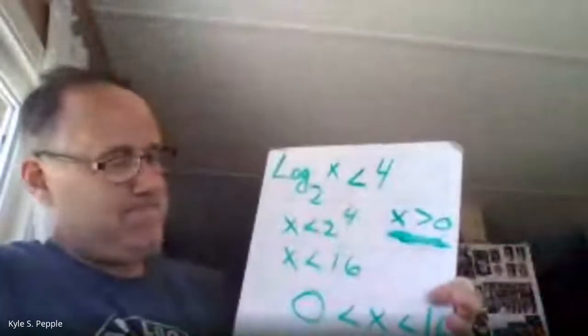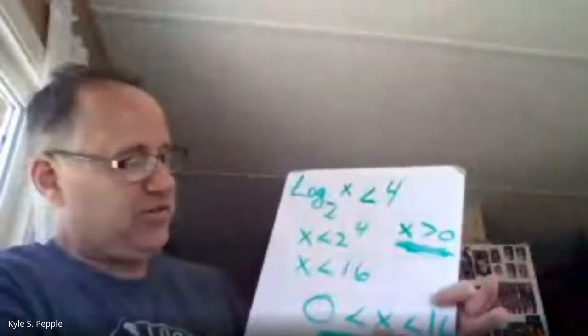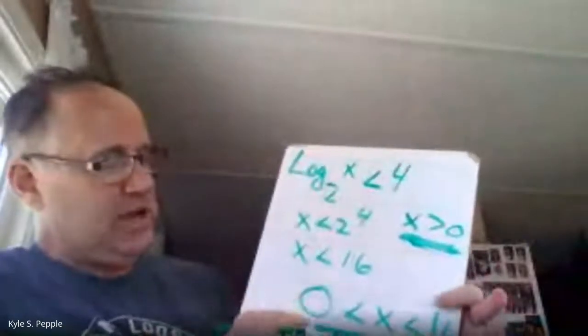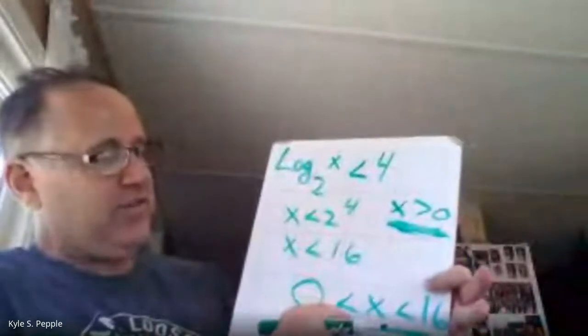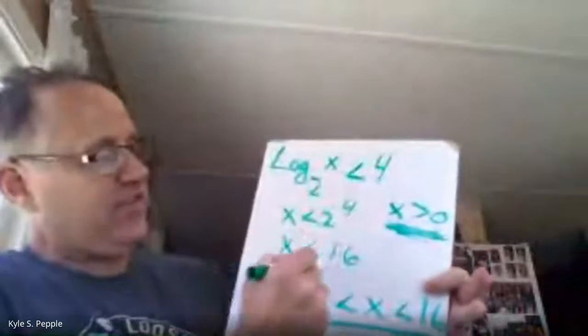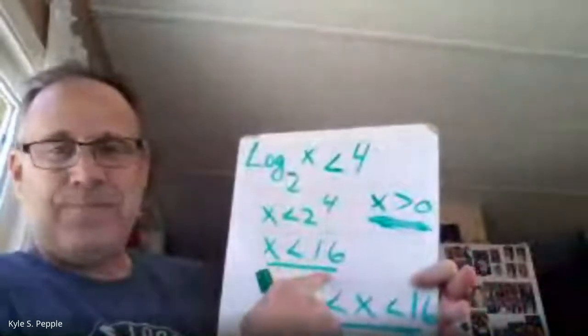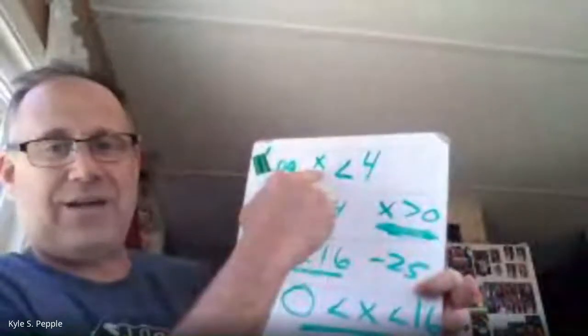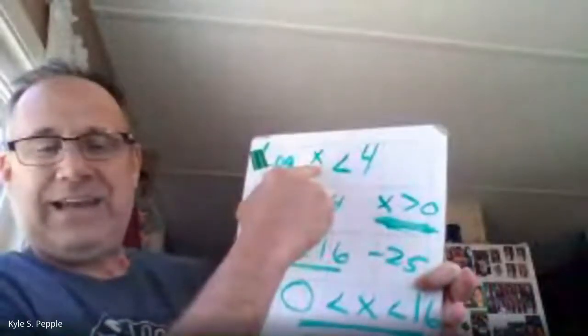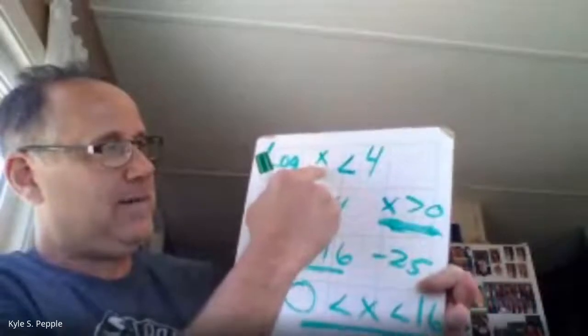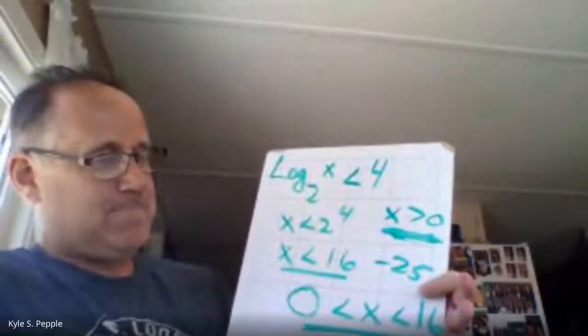Even though here it says x is less than 16, we can't have negative 25. We couldn't put negative 25 in here. We can't have a negative number up here.